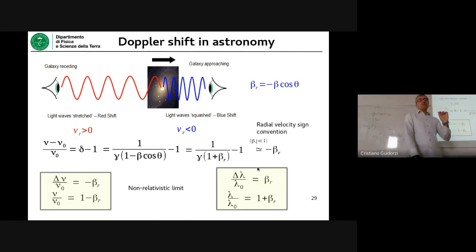So delta lambda over lambda 0 is indeed, since we are in the non-relativistic regime, much smaller than 1, okay? So you can treat these as infinitesimal quantities. Instead of delta nu, you can consider d nu, and delta lambda becomes d lambda. Simple exercise for you to test yourself. And if you have troubles, then you let me know.